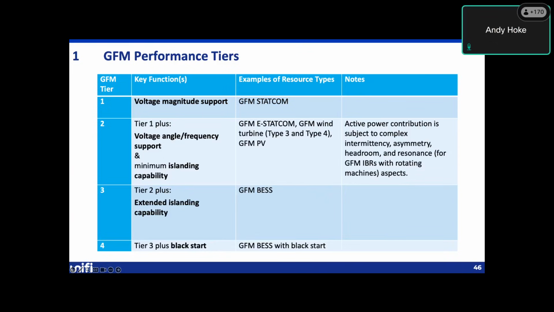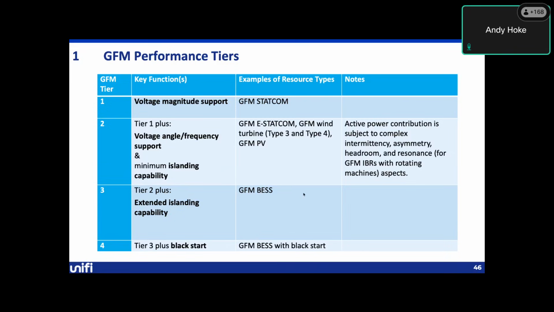When I think about grid forming, I typically think about a grid forming battery inverter with a battery behind it that has plenty of energy to absorb or inject, depending on what its state of charge is, of course. And most of the grid forming resources being installed today are looking like grid forming batteries. And that's what we are calling tier 3 grid forming.